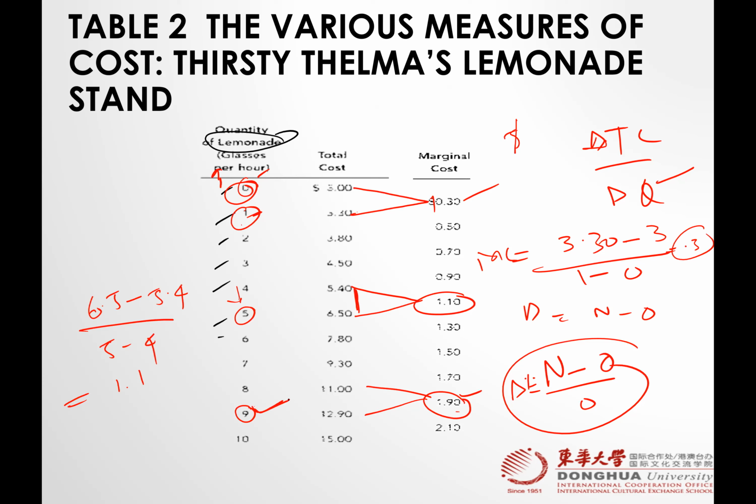What does it mean? If you produce one more, from 8 to 9, the extra unit will cost you from 11.00 to 12.90, which means the additional cost is going to be 1.90, right?